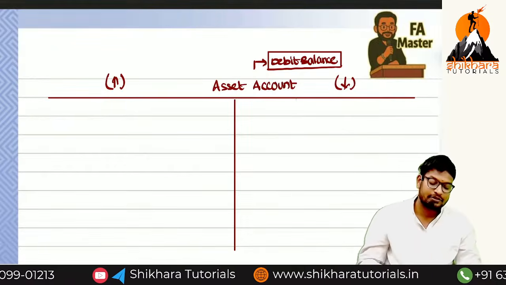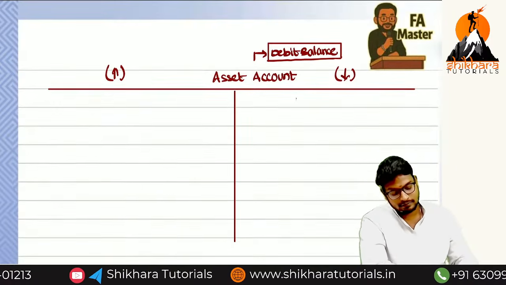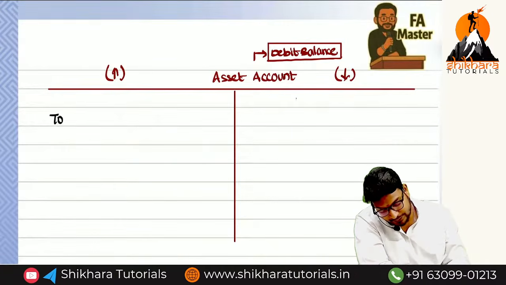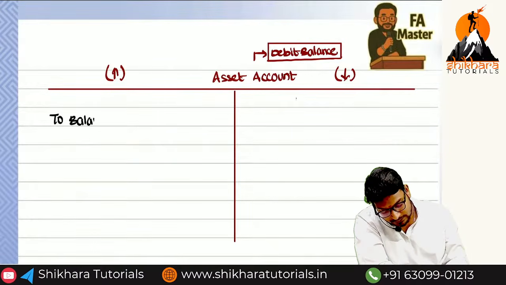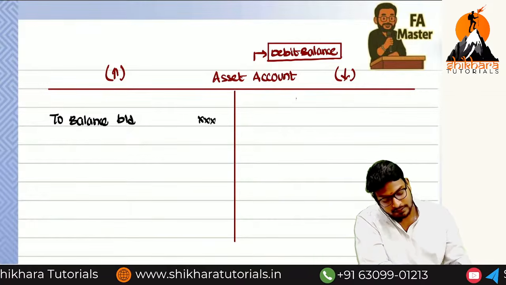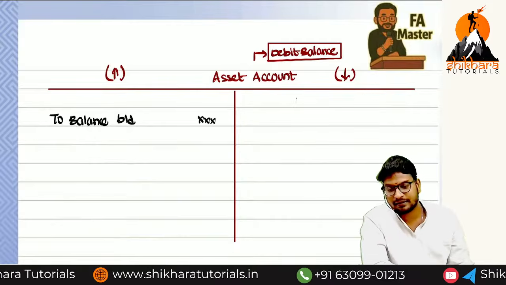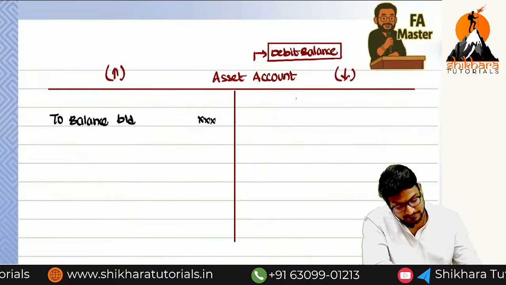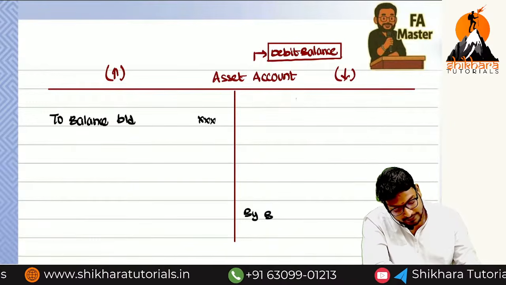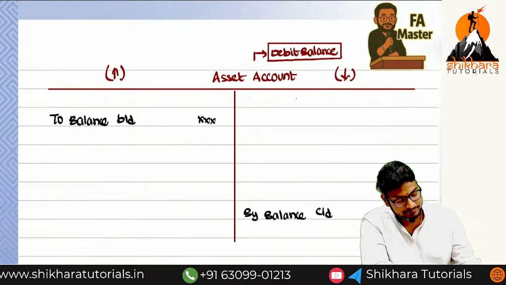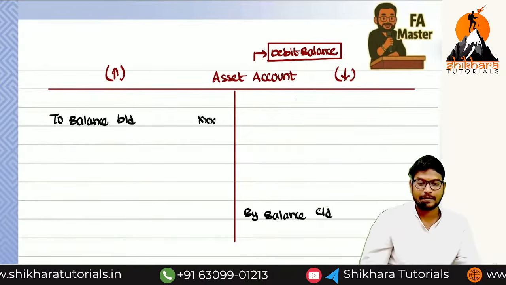If any account is showing a debit balance, the opening balance will be on the debit side. Can I write To balance brought down? So to balance brought down. And the closing balance will be on which side? Credit side, because this particular account is showing a debit balance. So by balance carried on.